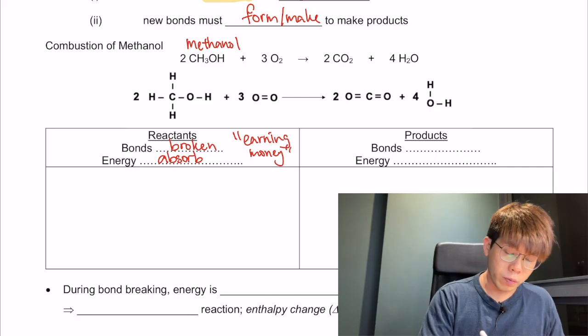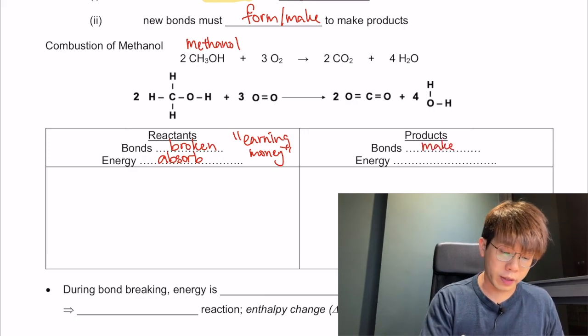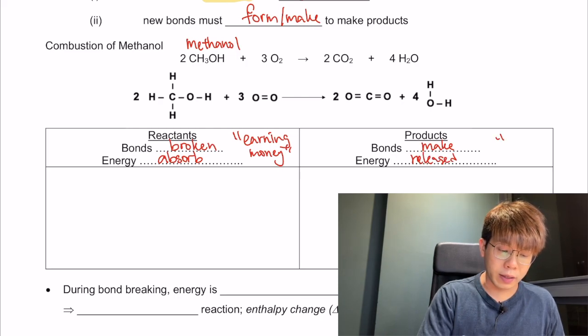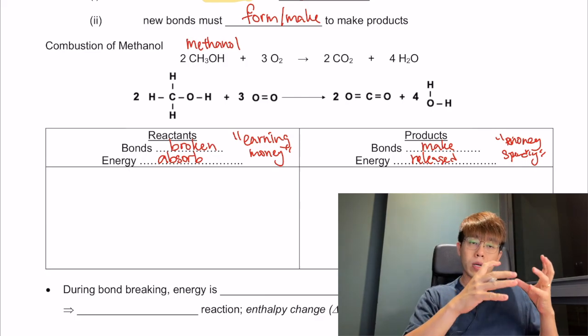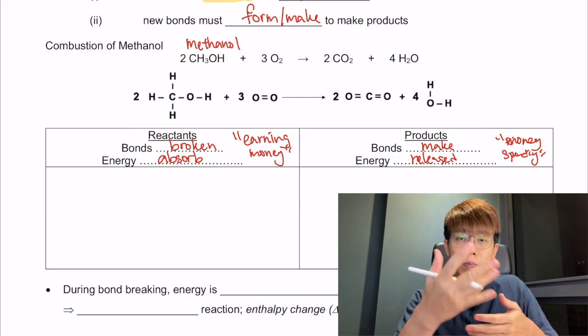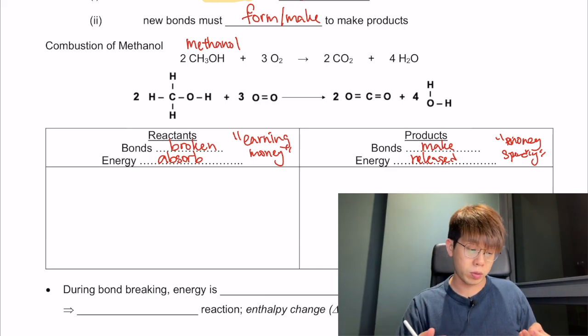After that, when you make the bonds or form the bonds, energy is released. So this is like the money spending phase. So first you earn the money, you absorb the energy to break the bonds, then you spend the money or you release the energy to make the bonds, right?